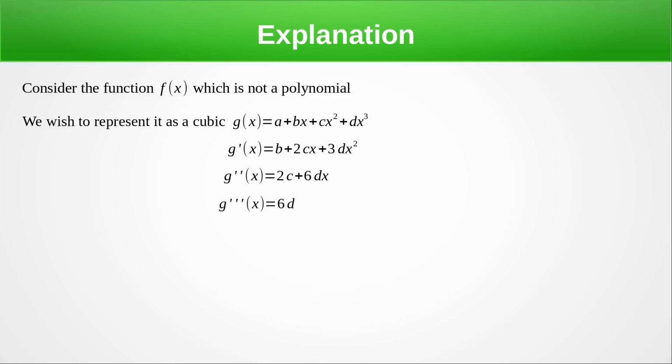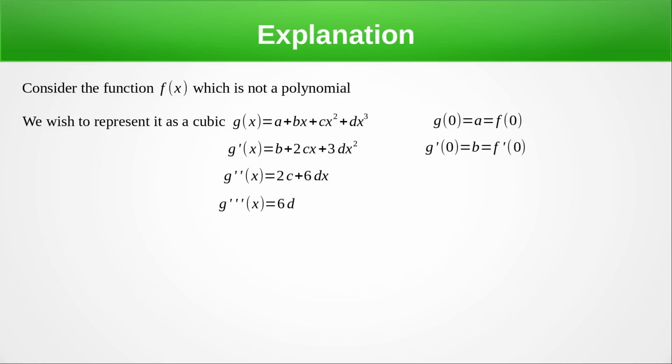Now if this g of x is going to have similar properties to f of x, then at x equals 0, we want g of x to equal f of x. So g of 0, well, this term goes, this term goes, this term goes, equals a, and we know that's got to equal the same as f of 0. More importantly for us, a equals f of 0.